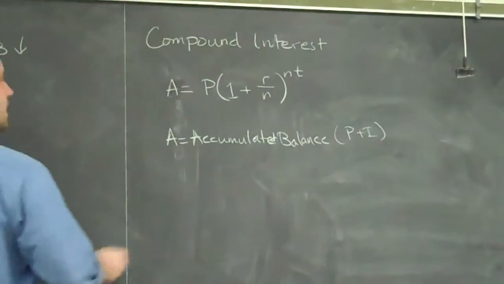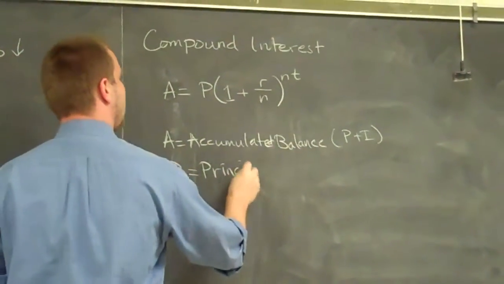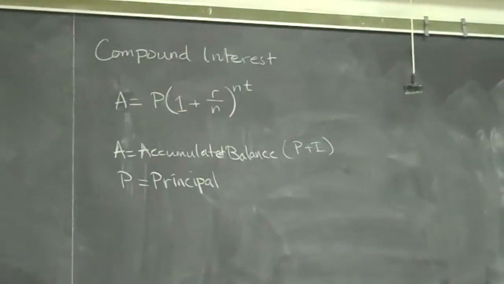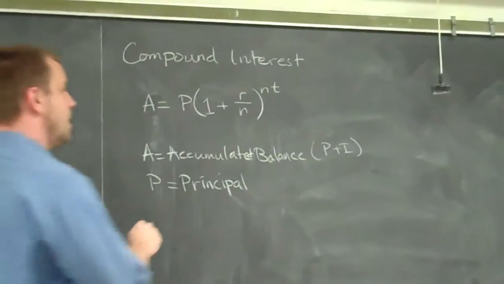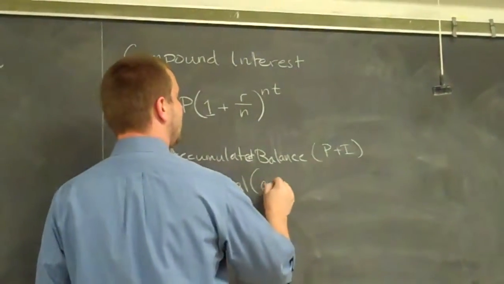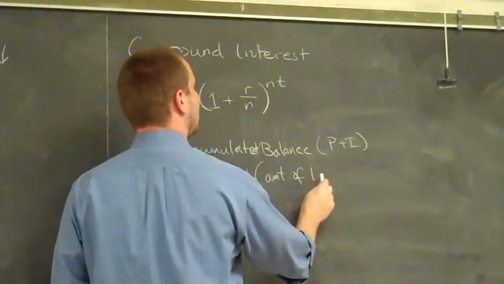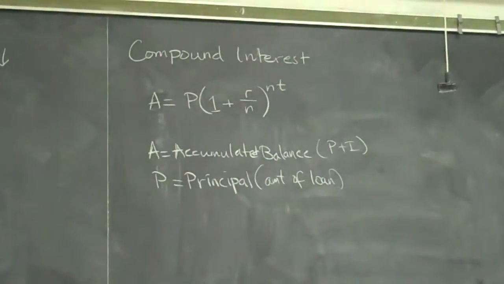The P in our formula is the principal. Roughly speaking, we're going to say that the principal is that initial amount of the loan. Anytime there's been a lending of money, there's usually interest involved.